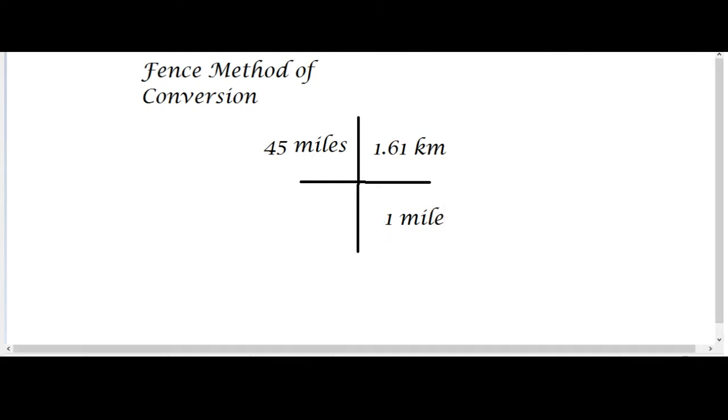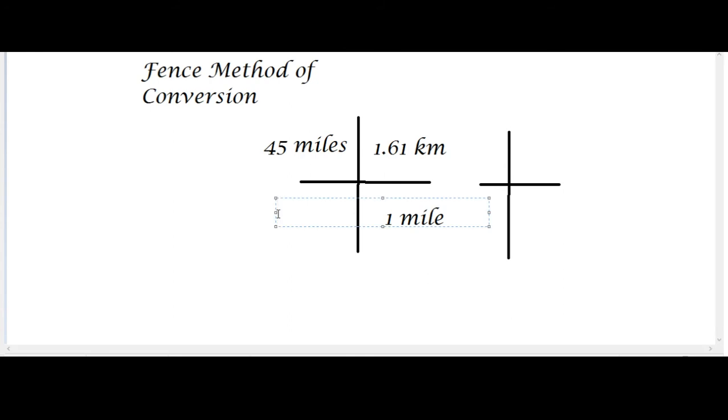Then we're going to do another set of the fence. Now that we have our kilometers per hour right now, because right down here we have 1 hour, we want to convert that hour into seconds.